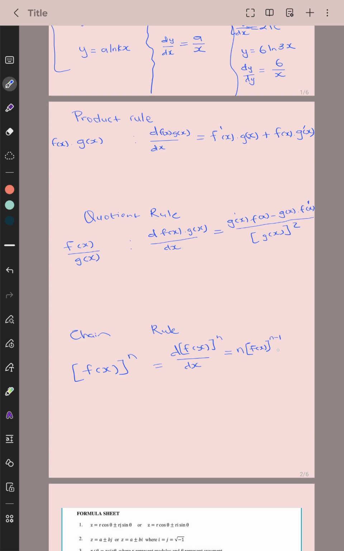Then you multiply this by the derivative of the inside function, f prime of x. So those are our rules.